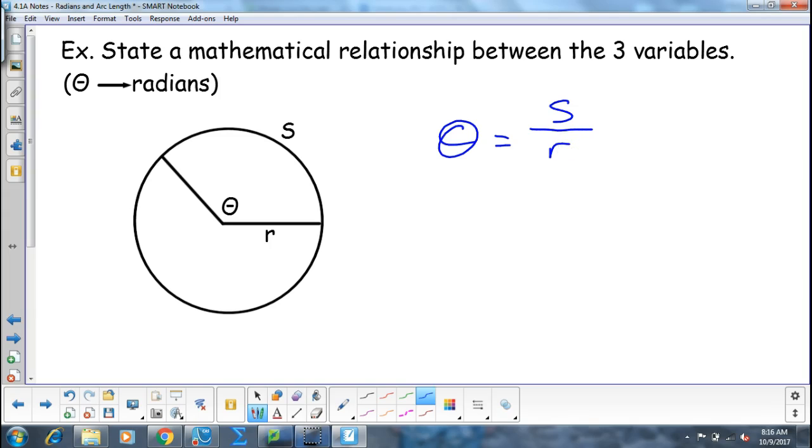I like that one. Could it be another one? What if I wanted to solve for S instead of theta?